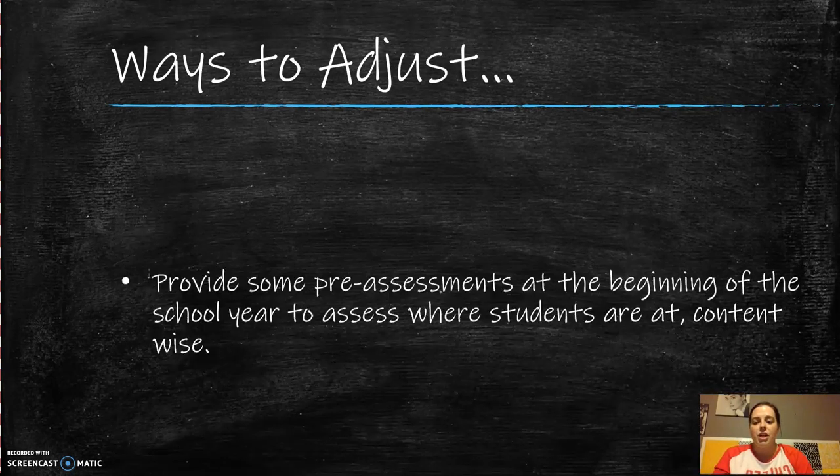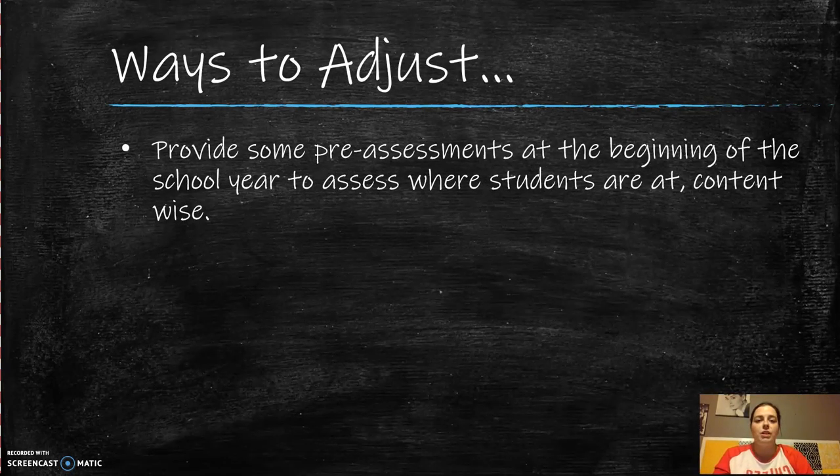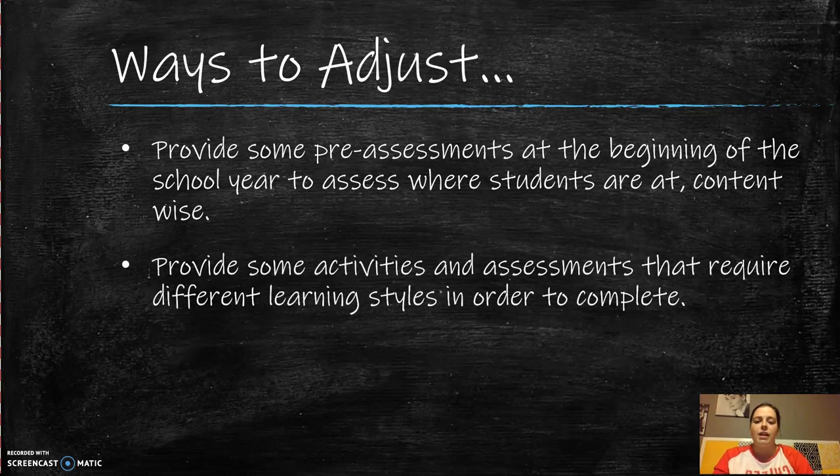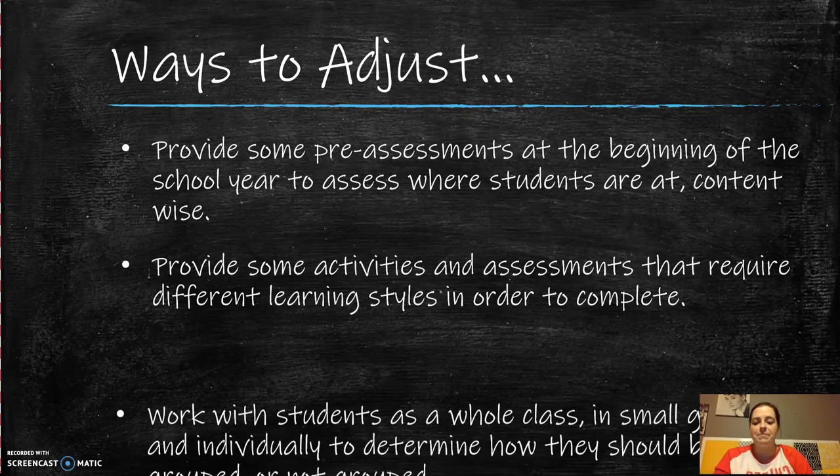So, ways to adjust this: you can provide some pre-tests at the beginning of the school year to see where the students are when it comes to the content and the knowledge that they have. You can provide some activities and assessments that require different learning styles, like visual learning styles, hands-on, auditory, different things like that, and you can really figure out where a student may be at.